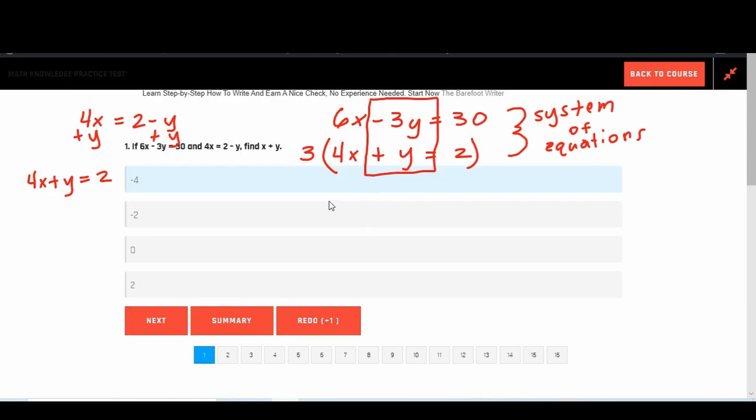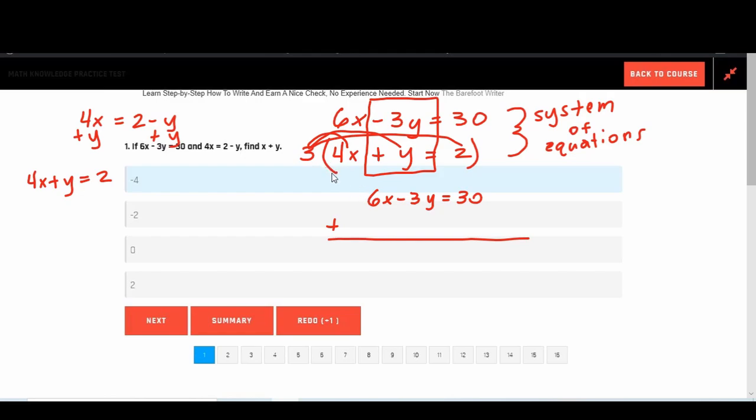So let's do that. I'm going to copy this one down here again. As I just said, I'm going to multiply everything in this bottom equation by 3: 4x by 3, y by 3, and 2 by 3. Then I'm going to add that to this equation to eliminate the variable y.